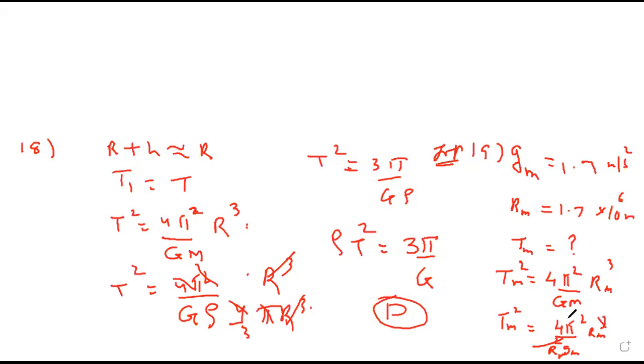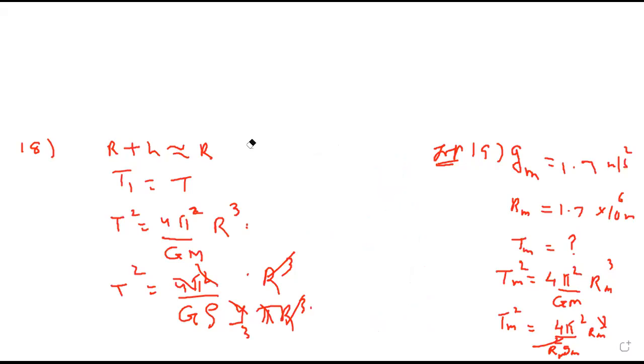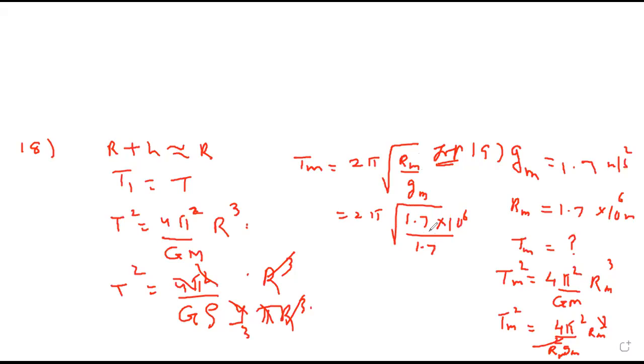So one R I can cancel with the cube. Therefore T of satellite around the moon is 2 pi root of Rm upon gm. 2 pi root of R of moon is 1.7 into 10 raised to 6, g of moon 1.7.